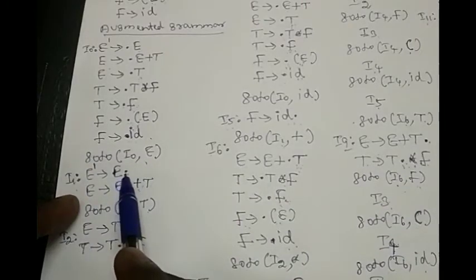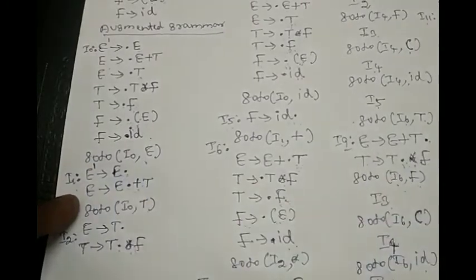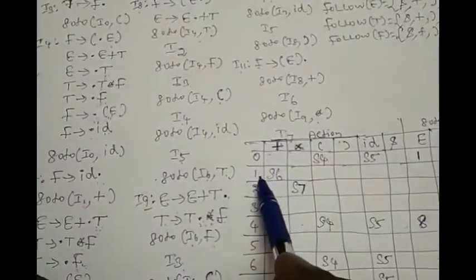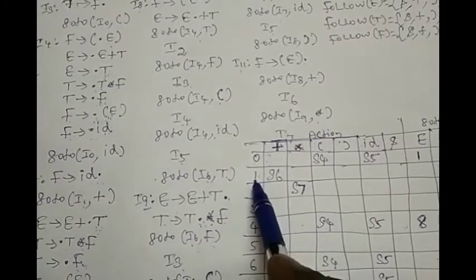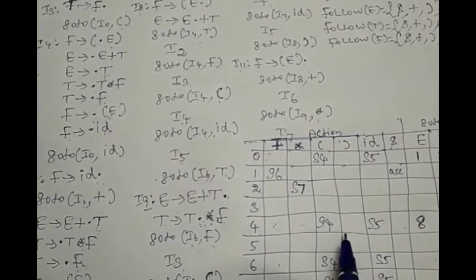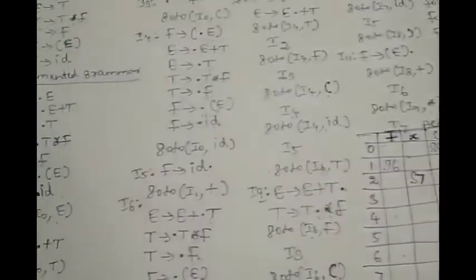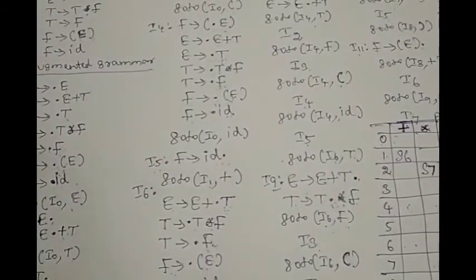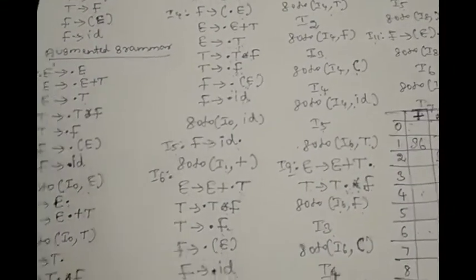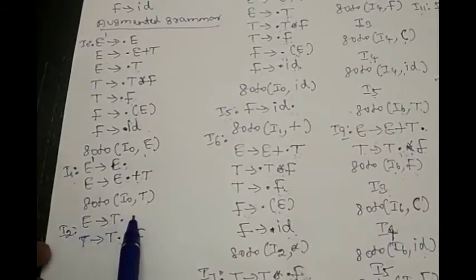In item set 1, where E dash tends to E dot is there, under dollar you have to simply write it as accept, ACC.